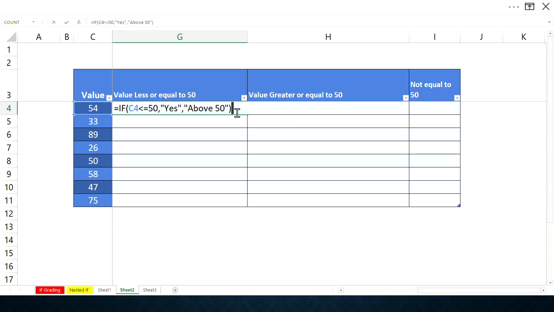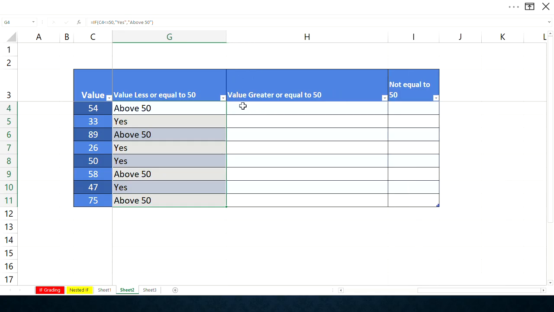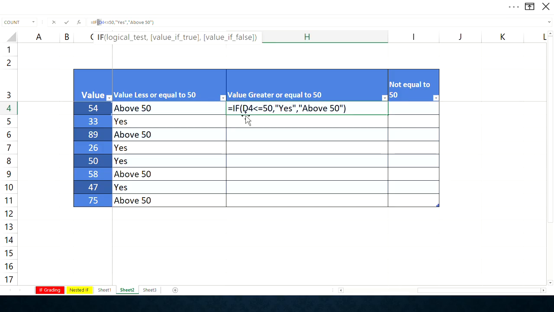So then go on to do the needful and you get the corresponding results. For where it is above 50, we are notified, and where it is equal to 50, yes, and below it is a yes. So that is in that case.